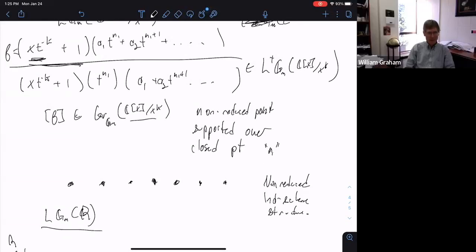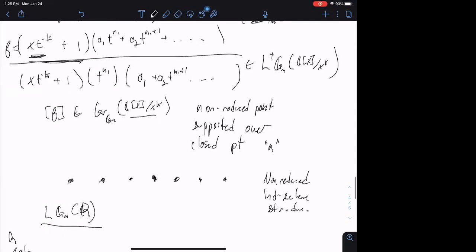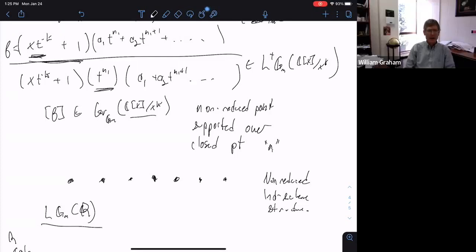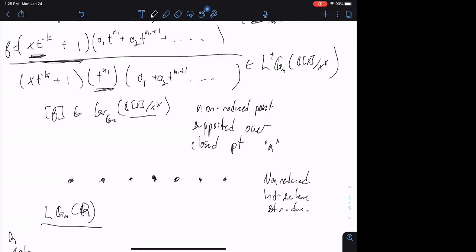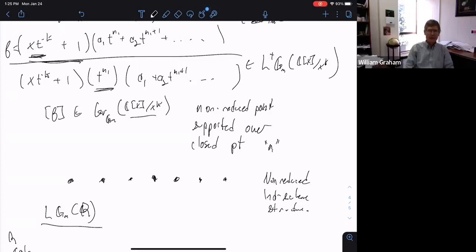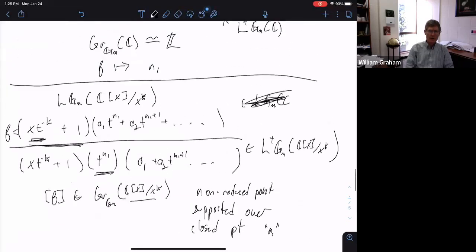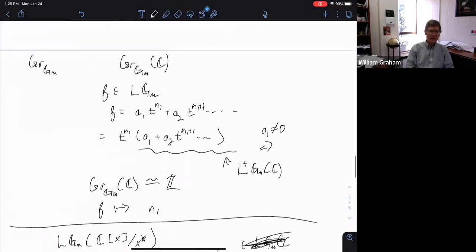And then I know that the affine Grassmannian is a quotient of these things. So the image of this element inside the affine Grassmannian will be some element that is supported over N1. But is it the affine Grassmannian with coefficients in R, or just the affine Grassmannian? Yeah, the affine Grassmannian with coefficients in R, yes. So above, you're saying the affine Grassmannian with coefficients in C is a... maybe I don't want to divert you too much, but no.